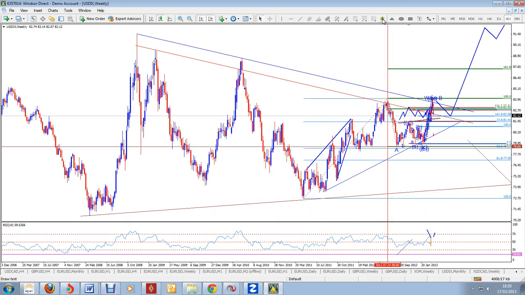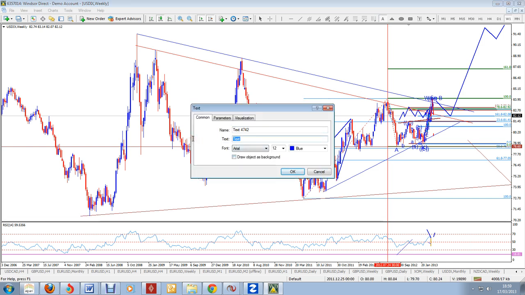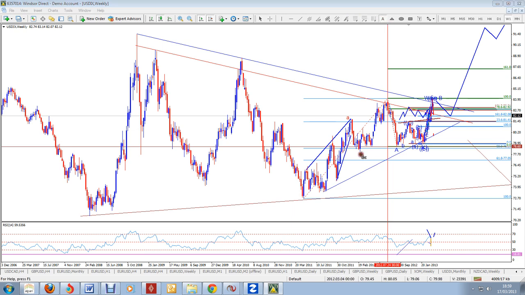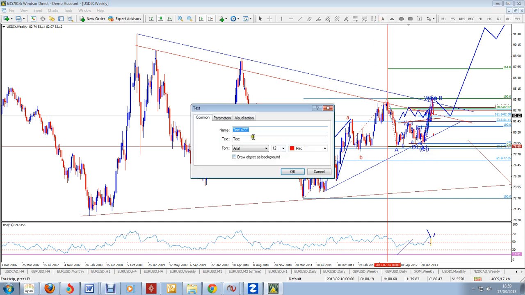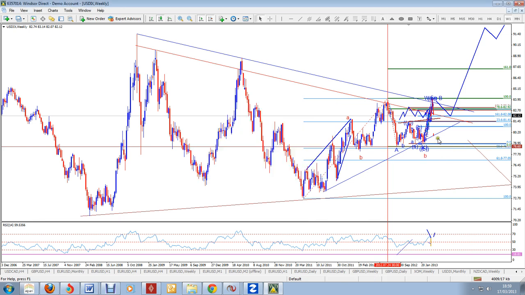So if I was to number them, then I think this one here is a minor A. I'll put that in pink as an alternative, minor A. Then this one here is a minor B, and then I'm expecting C. So this 5 wave up was definitely wave 1 or wave A. Then we've got this A, B and C down as a wave B, and what we're now doing is pushing up for a minor wave C. Once the minor wave C is complete, then in fact we've got larger A, larger B and larger C completing, and we should then be making our way to the downside.